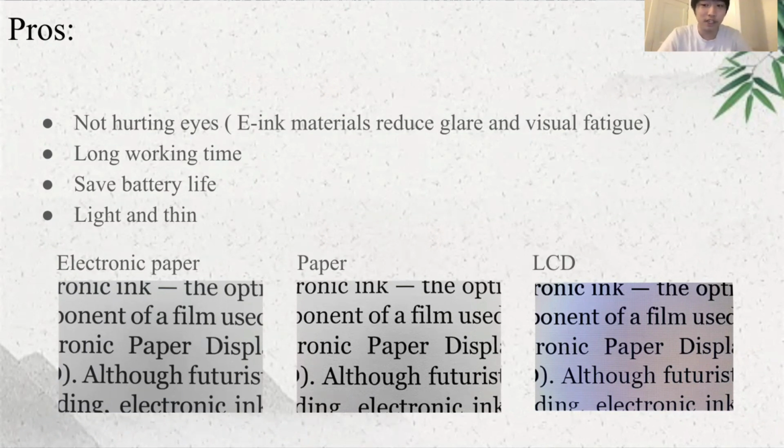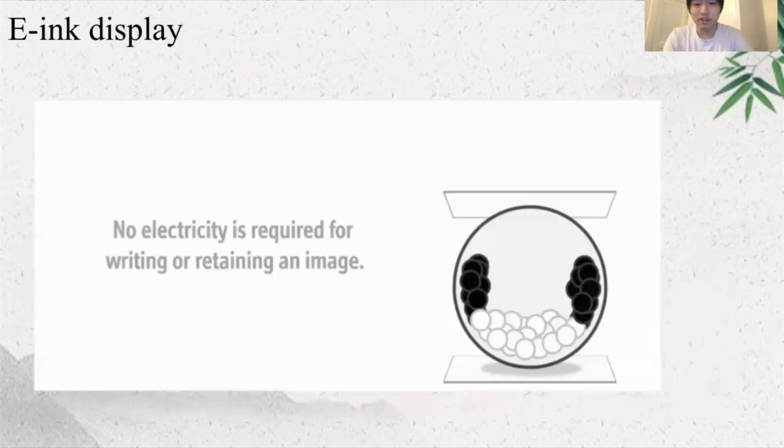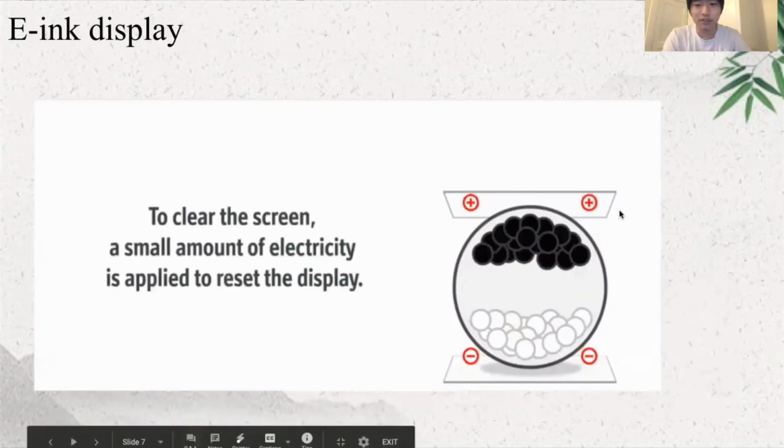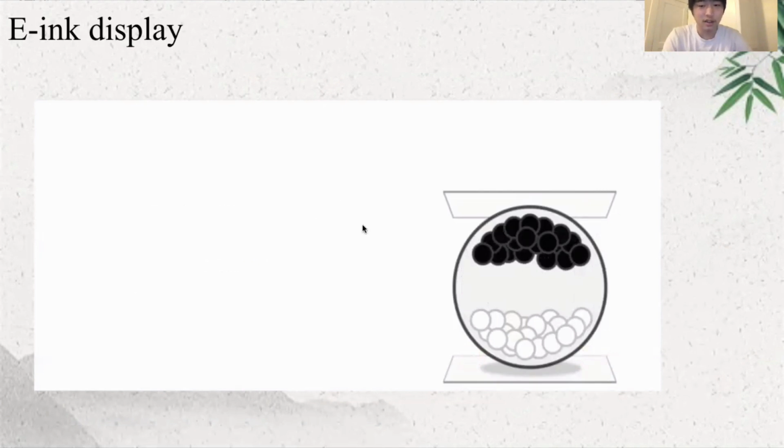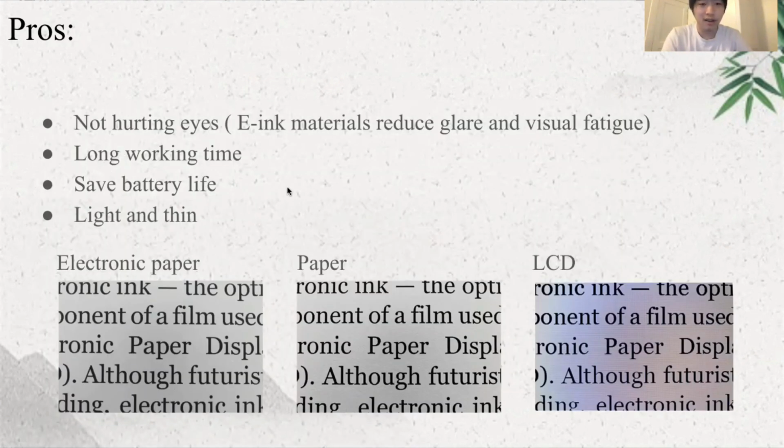When you turn the page, you use electricity. When you're not turning the page, the image and letters stay right here and do not use any energy. Only when you reset, when you change the page, do you use electricity. That's why the e-reader display can be used for a long time.